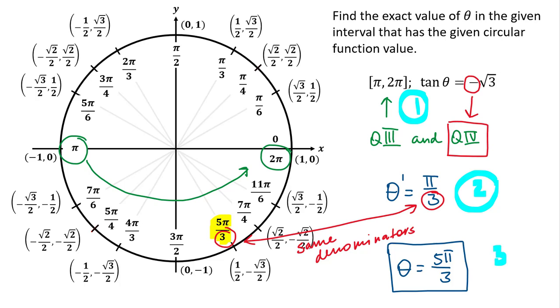And in step 3, once we knew what the reference angle was, we were able to find our angle based on the quadrant determined in step 1 and based on the denominator of the reference angle. They have to be the same. So these are the steps for finding the unknown angle if we know its function value and the interval in which that angle terminates.